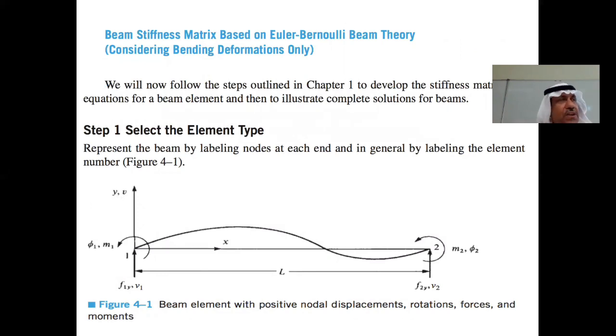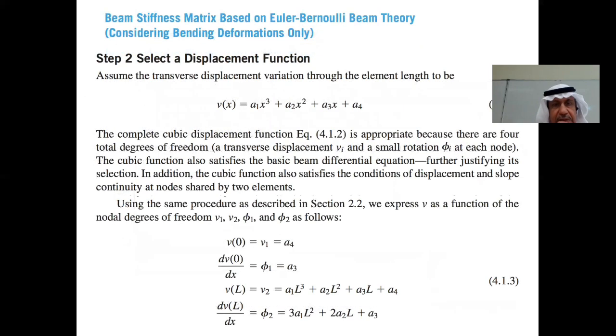What are the steps to derive the stiffness using the direct method? Number 1, select the element type. Have you seen that before? Yes. You always start with the deflection, not as a function of N, but as a function of constants. Then you evaluate the constants based on boundary conditions: the deflection at node 1, at x equal to 0, equals V1, and the deflection at node 2, at x equal to L, equals V2.